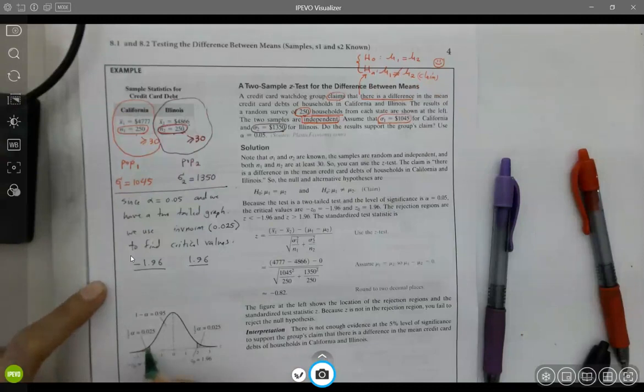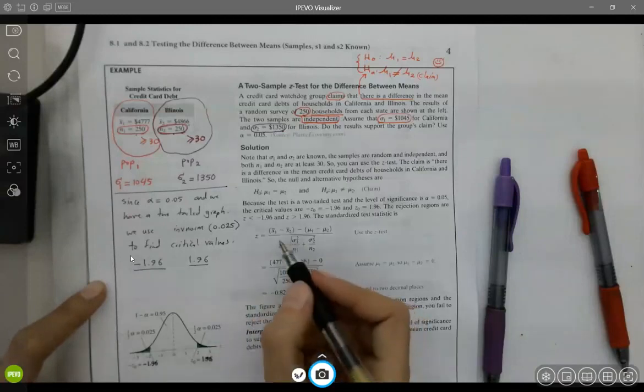Rejection region is divided into two equal pieces. One part is on the left, the other part is on the right, and the dividing numbers are negative 1.96 and positive 1.96.